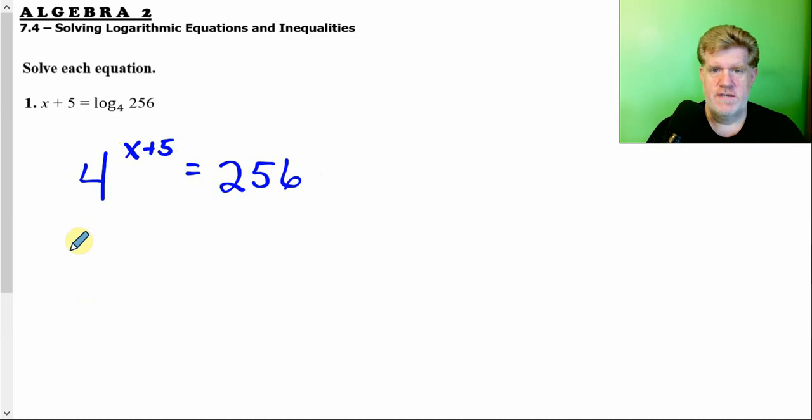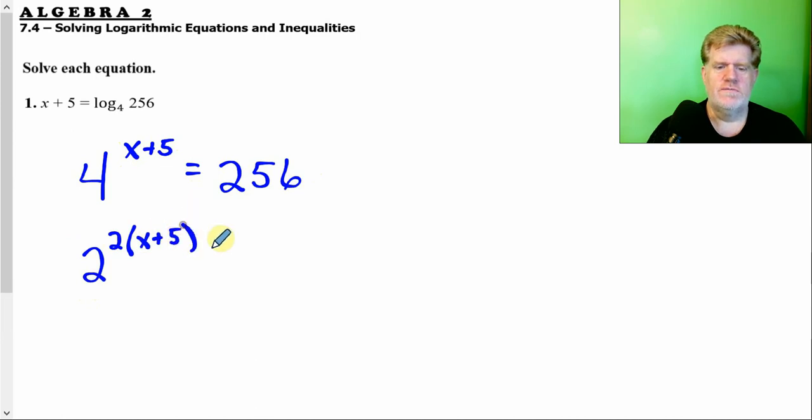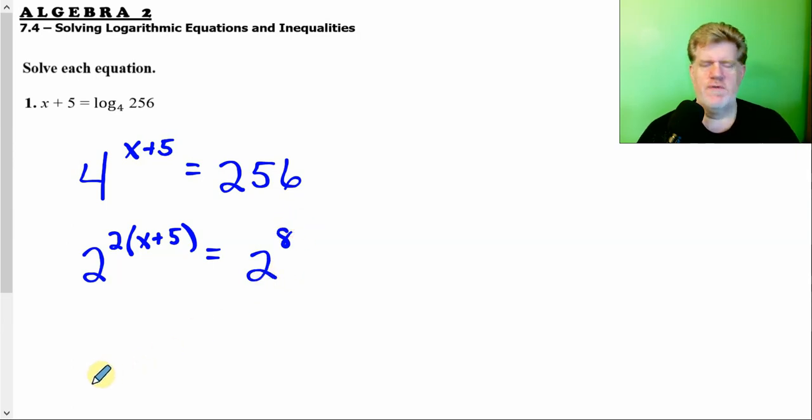We can change it to the same base. I'm going to pick 2. We might be able to use a base 4, but I'm going to use a base 2, because I know that this is 2 to the 8th power. Remember 2 to the 6th was 64? So if we do another 2, we get 128. Another 2 is 256. So I chose a base 2.